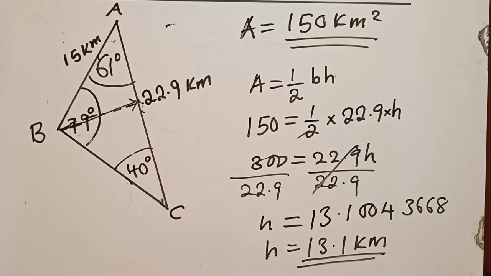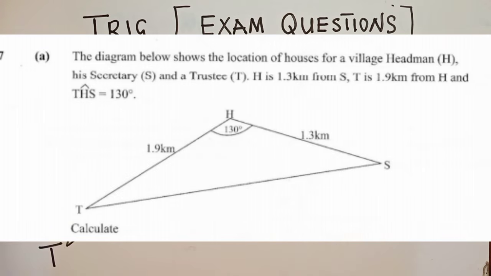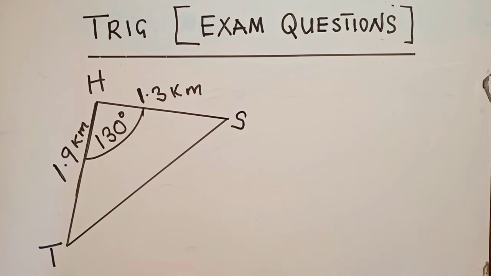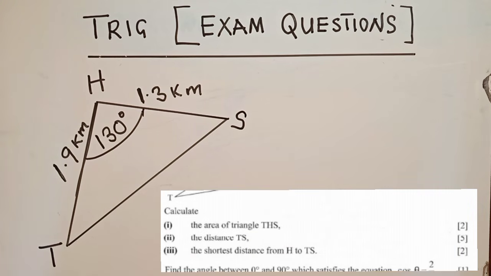All right, so let's check out now the other exam question where you're expected to use the cosine rule. For the next question here, we've been asked to find the area of triangle THS.